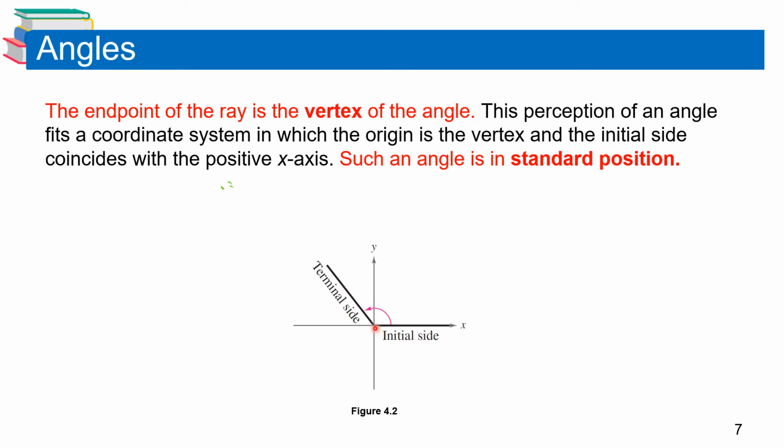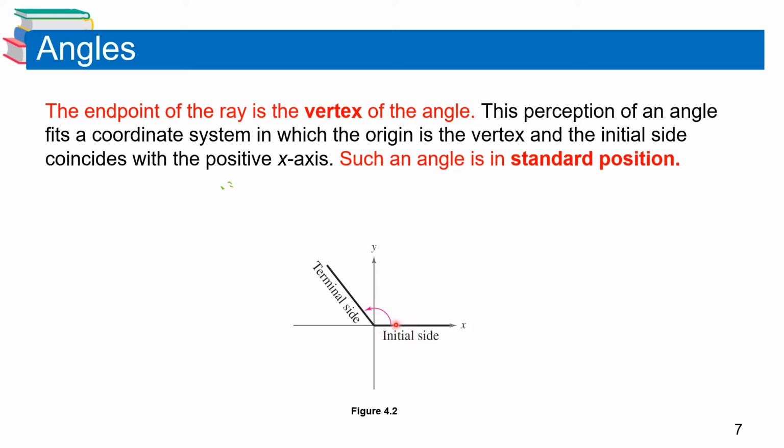Sometimes you may also have the initial side which coincides with the x-axis, and if a ray is rotated through an angle, this is called the standard position.